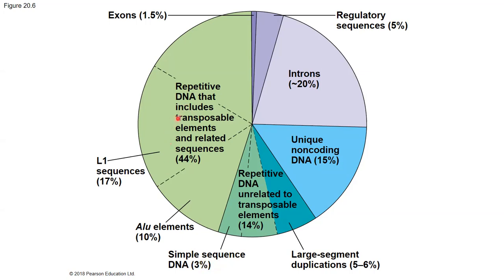And then we have the transposon repetitive elements, and there are two major types: L1 sequences and Alu elements.